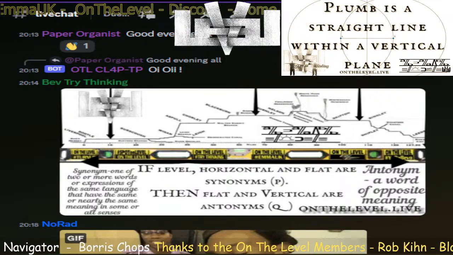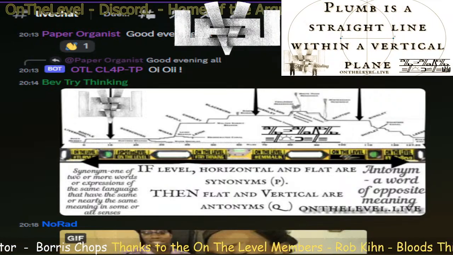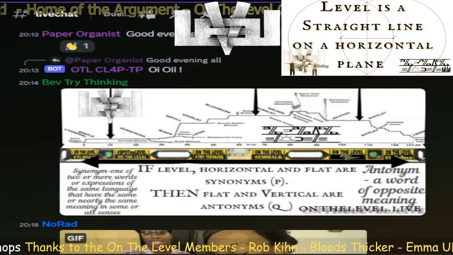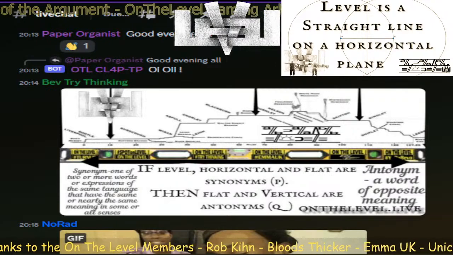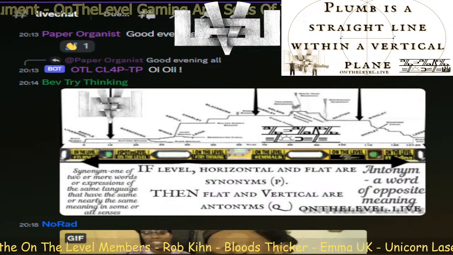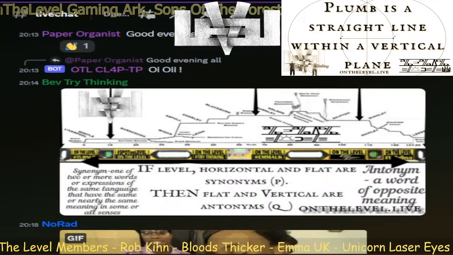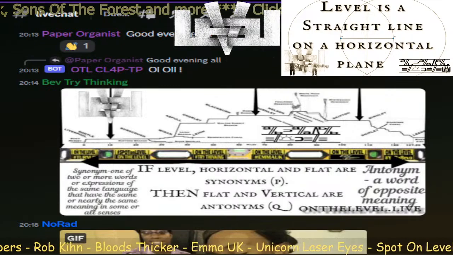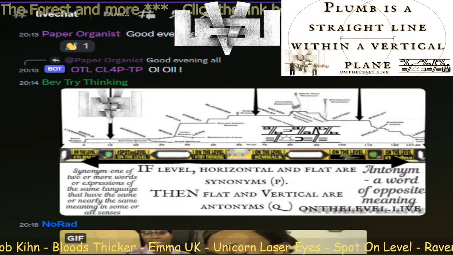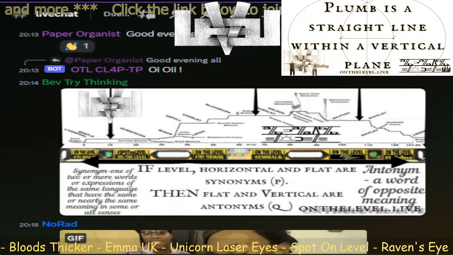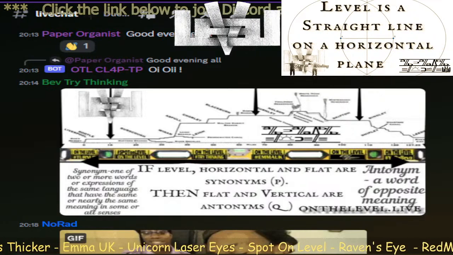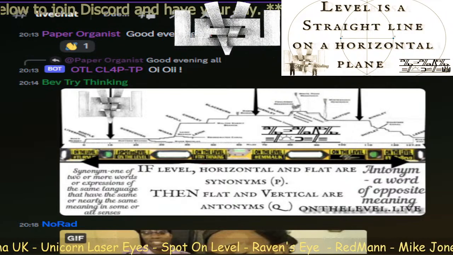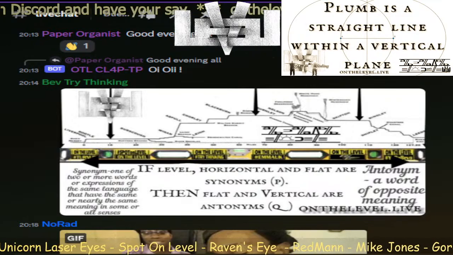You can say it's not flat because vertical is an antonym for flat, and we do have vertical, so therefore it cannot be flat. In the presence of vertical, there is no flat. It also leaves you in a position that a vertical plane is an oxymoron.